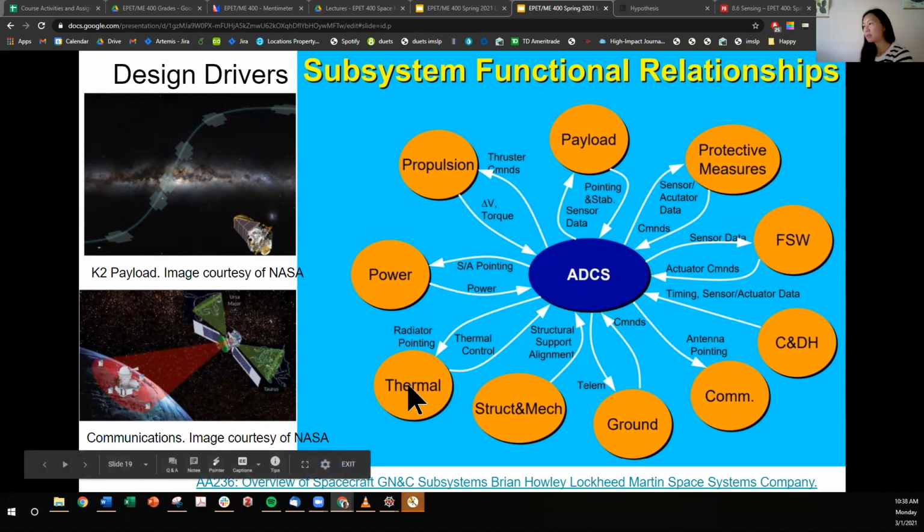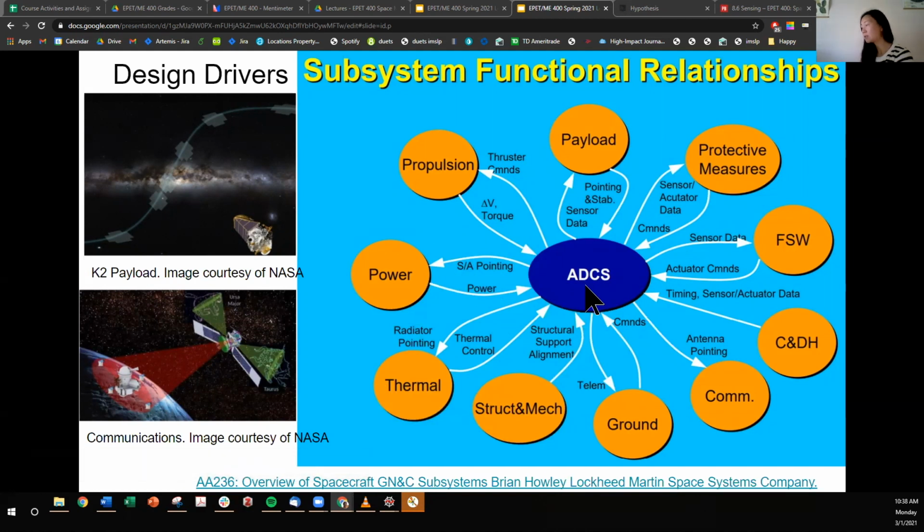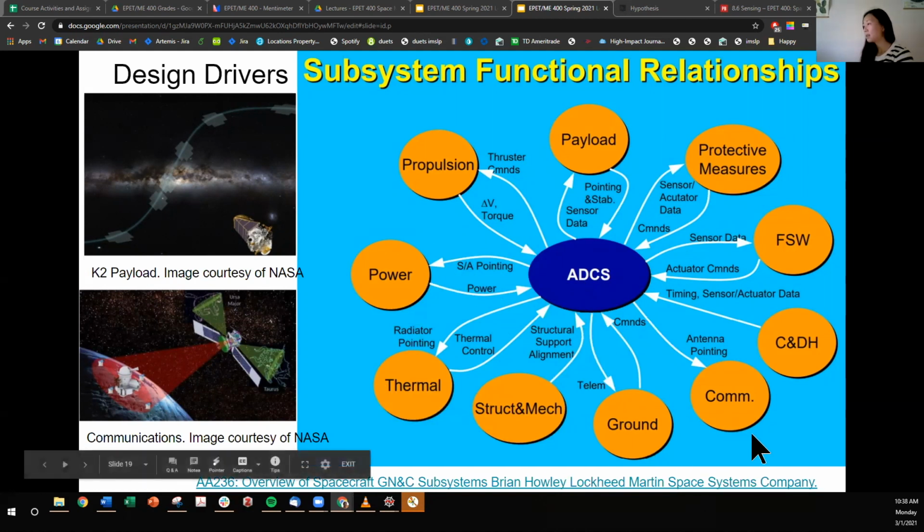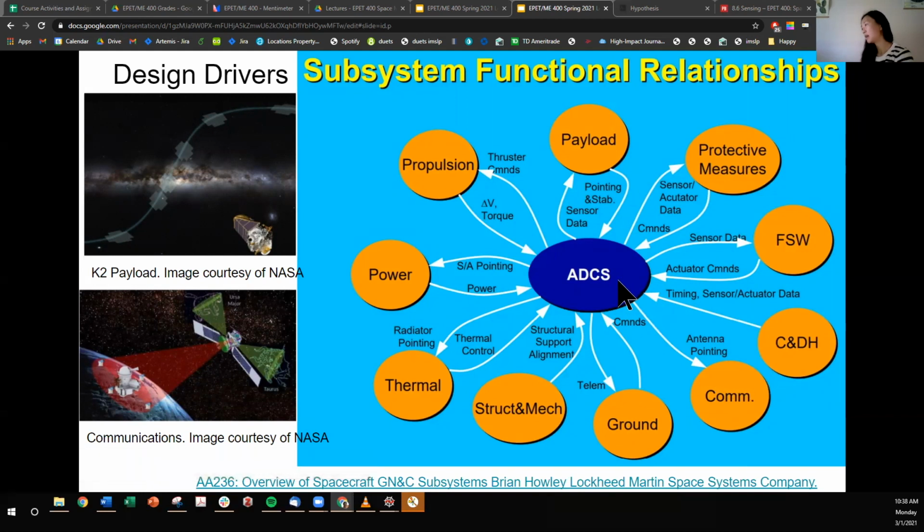The thermal subsystem will want some kind of radiator pointing. The structures and mechanisms also have structural support alignments that need to happen potentially. Communications will care about antenna pointing. CNDH will offer timing and sensor actuator data.